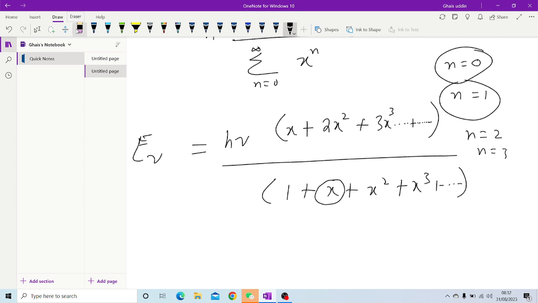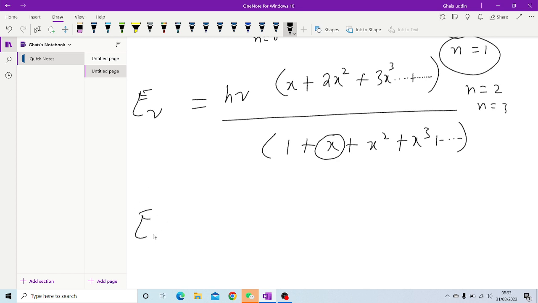So we can change this a little. So this is E nu is equal to, let x common from this equation.